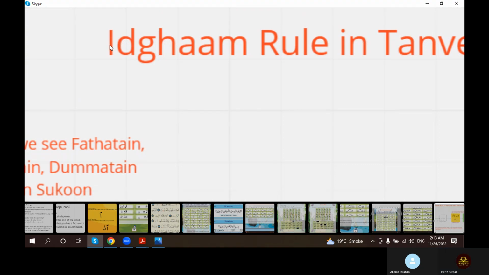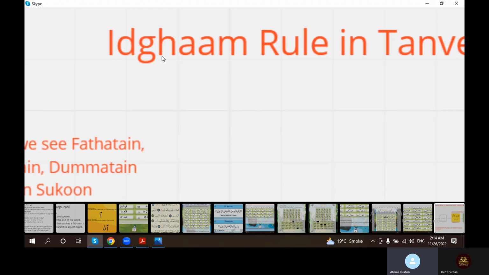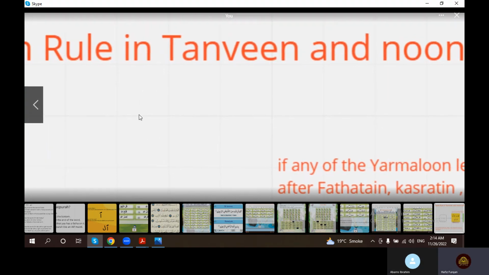When you make two things into one, it's called idgham. Merge or blend. Merging in simple language.